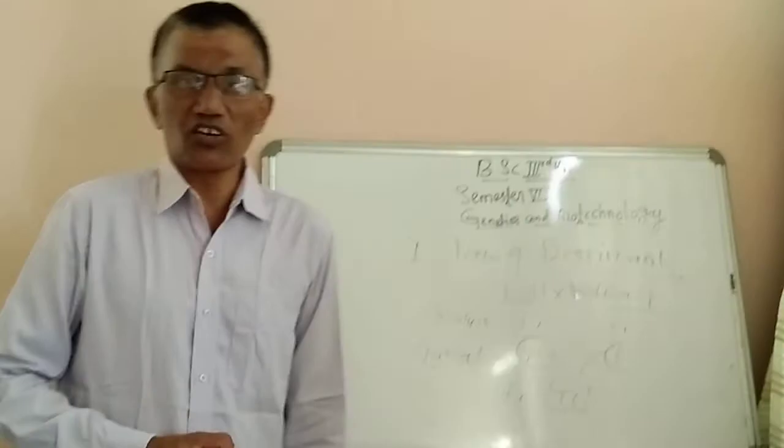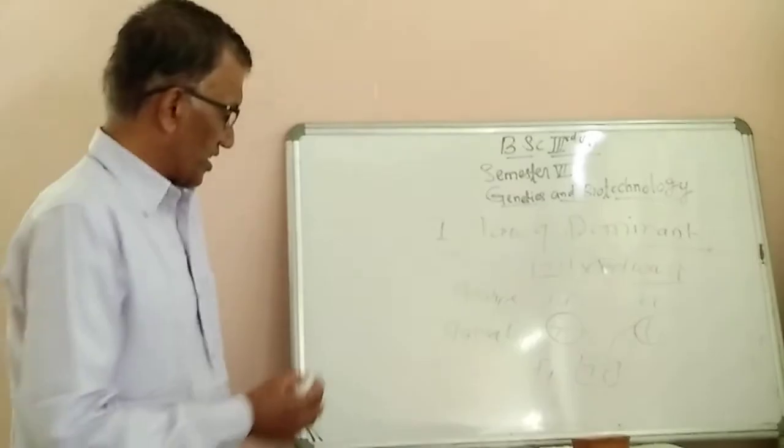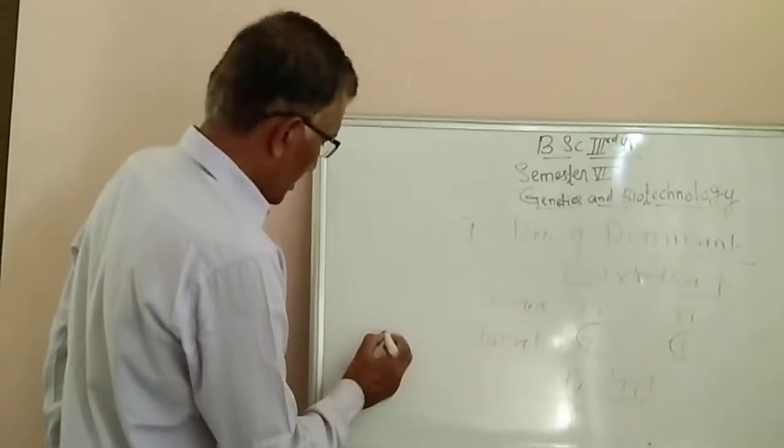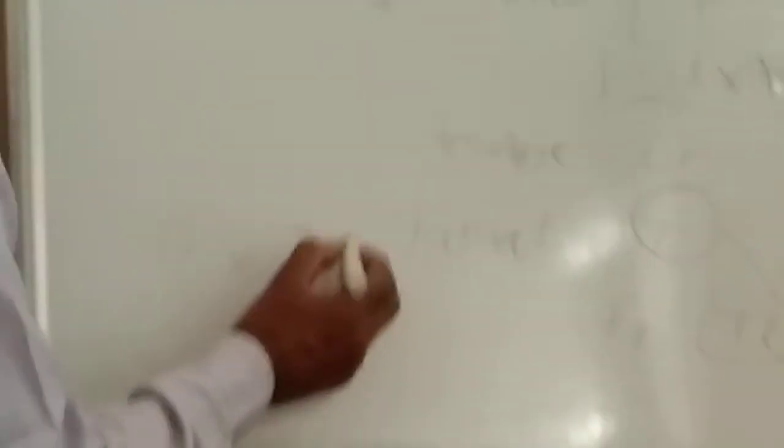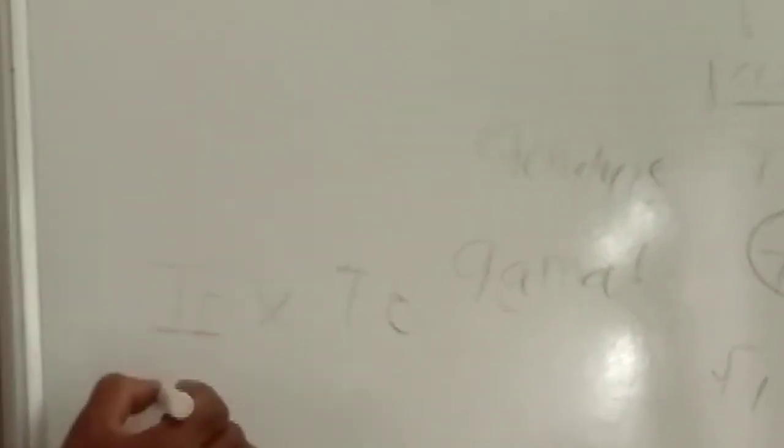So these F1 plants undergo self-pollination, capital T small t with capital T small t. Suppose this is the male plant and this is the female plant. The gametes of these plants are capital T and small t, and here also capital T and small t.